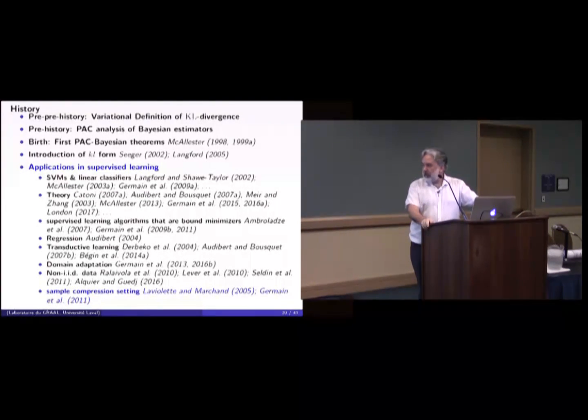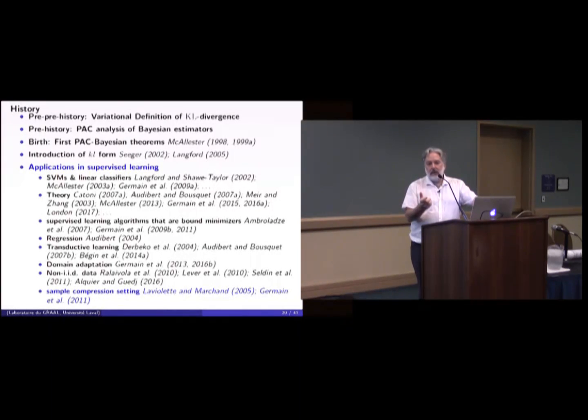And the last situation that I want to point out is the sample compression setting, which is the situation where the voters are defined using the information contained in the training set.